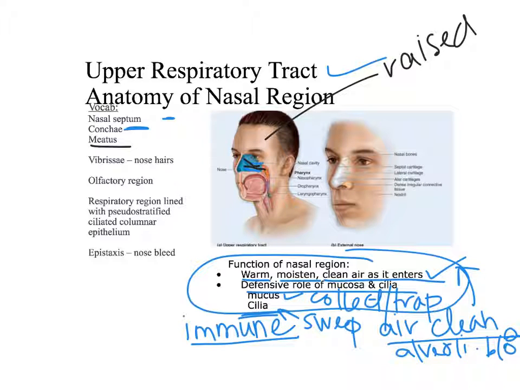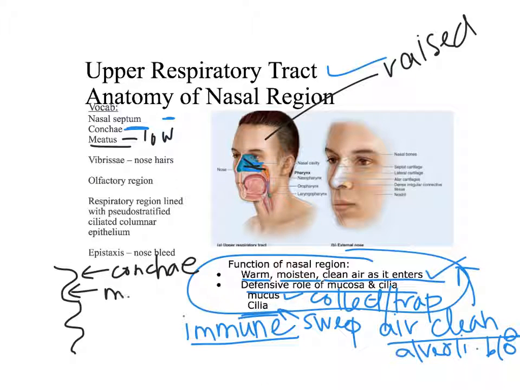And the meatus, these are the low parts. In the lining of your nose, it kind of looks like mountains and valleys. The raised parts are called the conchi, and the lower parts are called a meatus. So this would be a C, this would be an M.